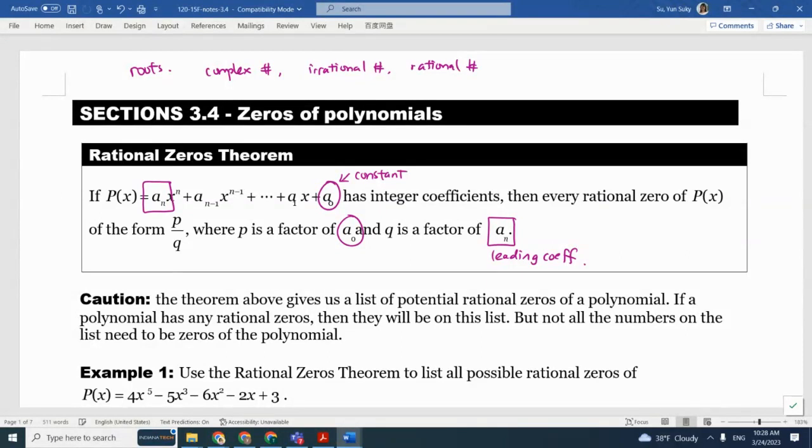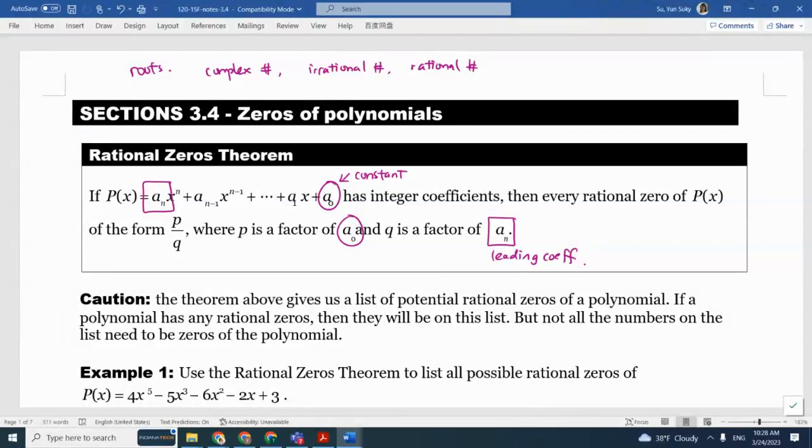But if your roots are rational numbers, it must be of this form. If we have a complex number or irrational, then this theorem does not apply. This theorem says if you have a rational root, it must be a factor of the constant term over the factors of the leading coefficient.